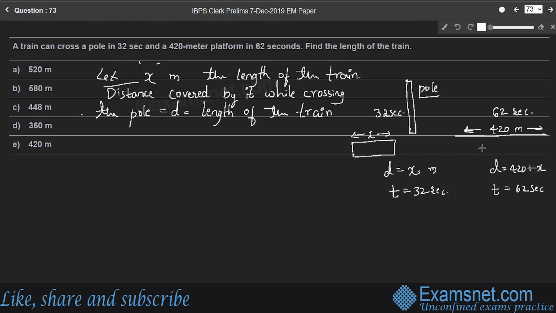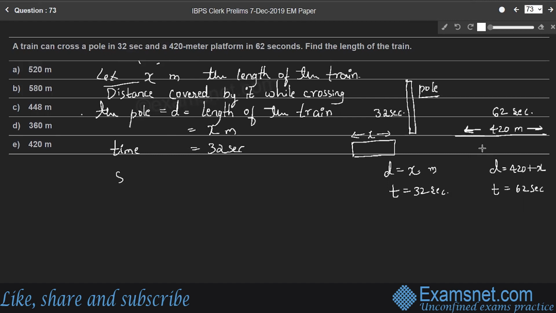So the distance covered by the train is equal to its length, x meters, and time is given, which is 32 seconds.